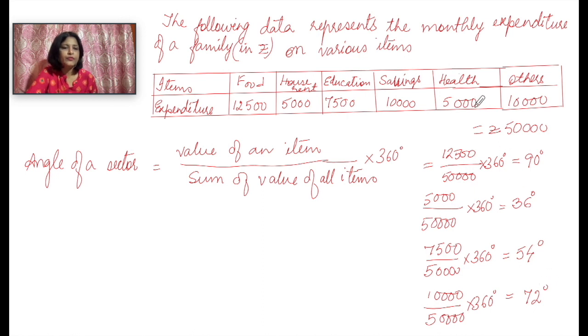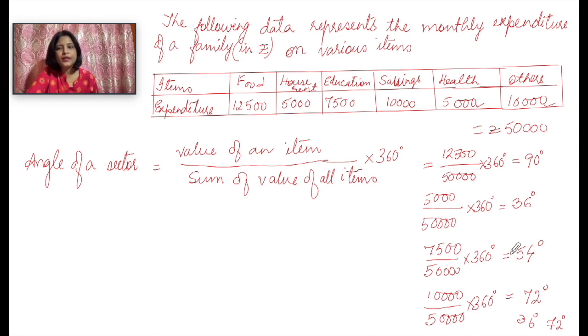Then again for this one we will have 36 degree, and for the last one we will again have 72 degree. So I have found out the angle for each sector.